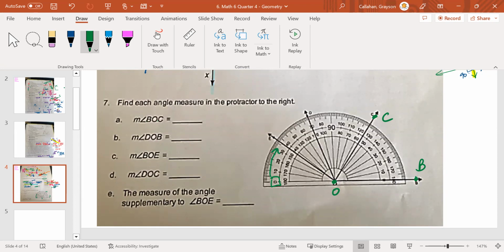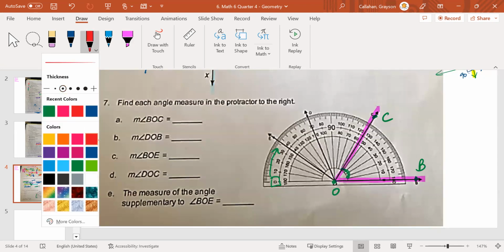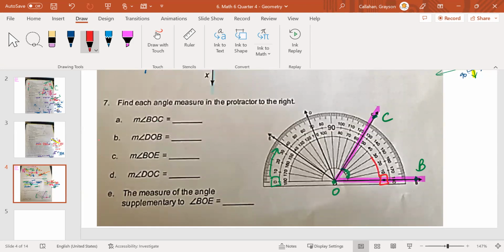Or if your angle is over here, like where BOC is, you could start with the 0 right here and you go this way. See how the angle goes from 10, 20, 30, 40, and it goes up? So it starts at 0 and it ends right there. So I would say that's between 50 and 60. So that's about 55 degrees.